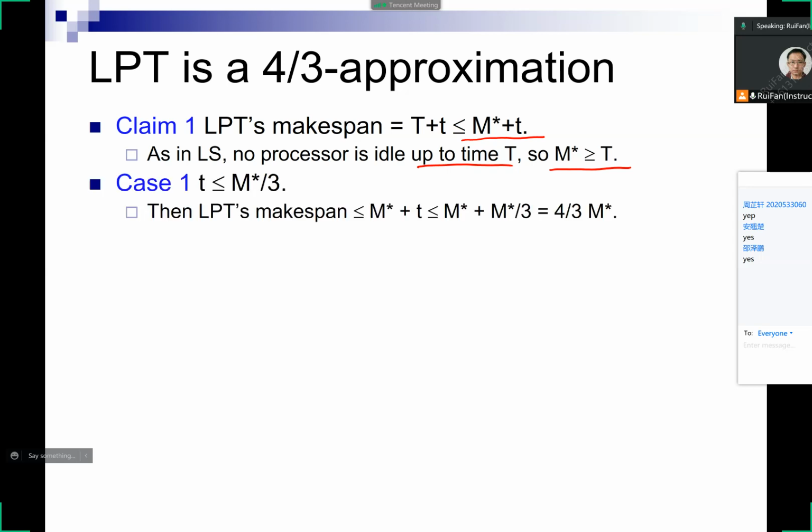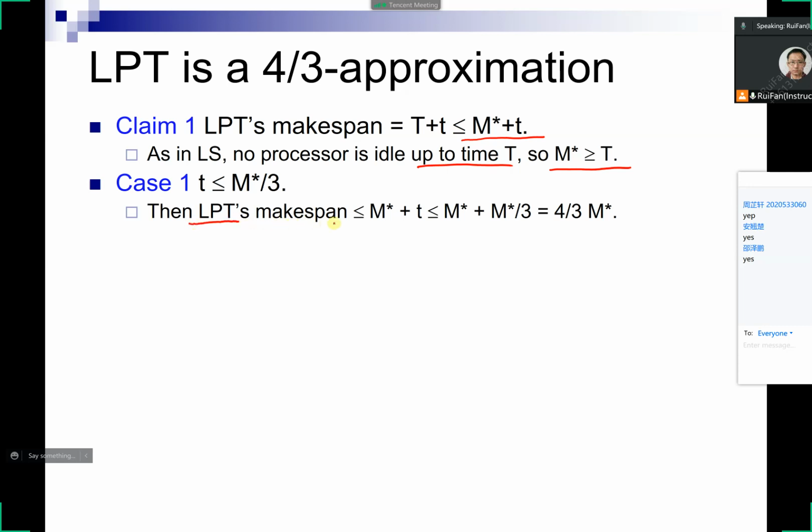So once we have this claim, now we can prove the 4/3 approximation ratio. We're going to consider two cases. The first case is where little t is at most M star divided by 3. Here we're assuming the final job is small, at most 1/3 the size of the optimal makespan.